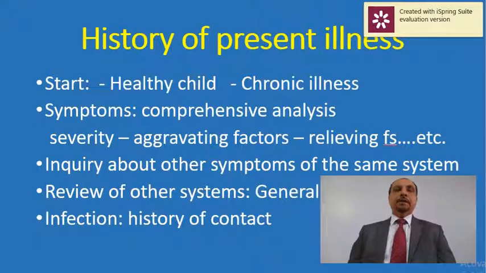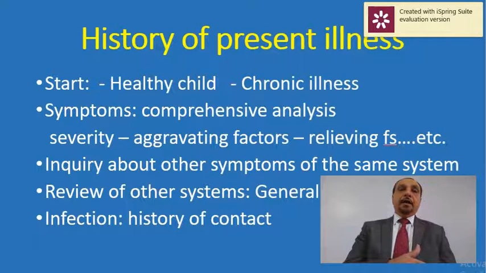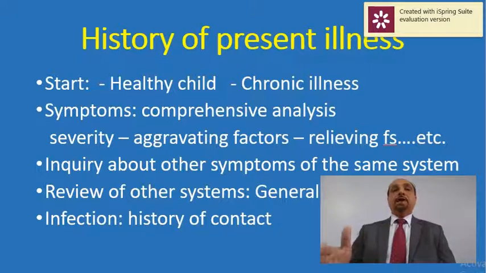In this child, using the previous example, we will say 5 days back, this child was perfectly well, when he started to have fever, and we start to speak the history of present illness.